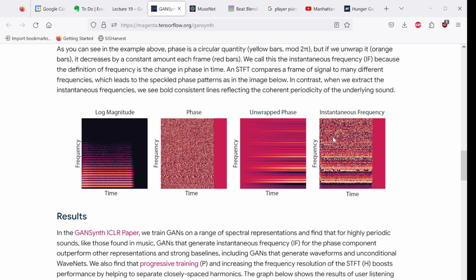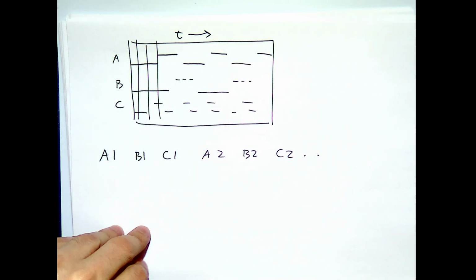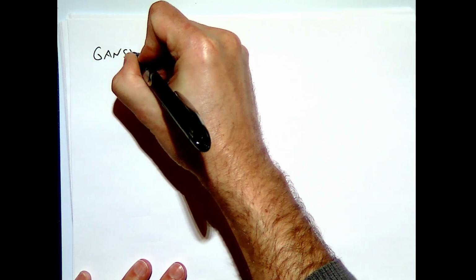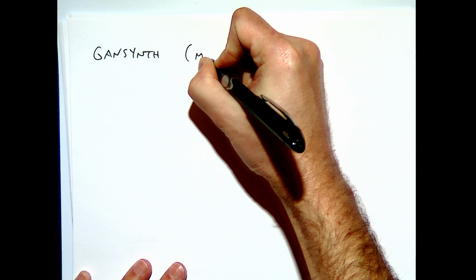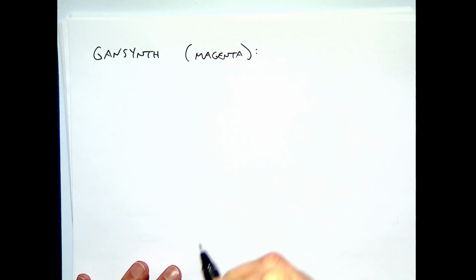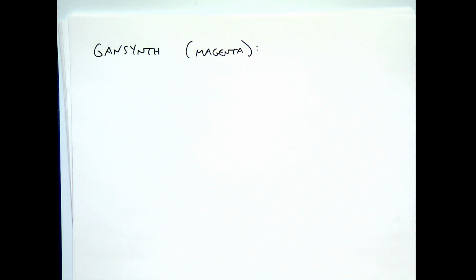So let me just say that this paper on GAN synth was also from Magenta. The idea was less to model music as it was to model realistic sounding instruments, right? So they collected a lot of single note sounds from different kinds of instruments and then used that as their training data to be able to generate reasonable sounds from instruments synthetically, right?